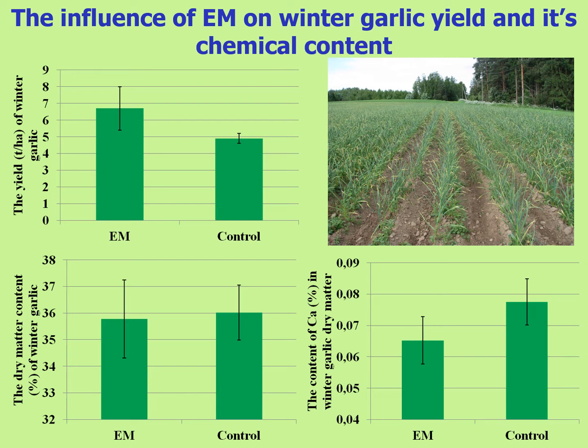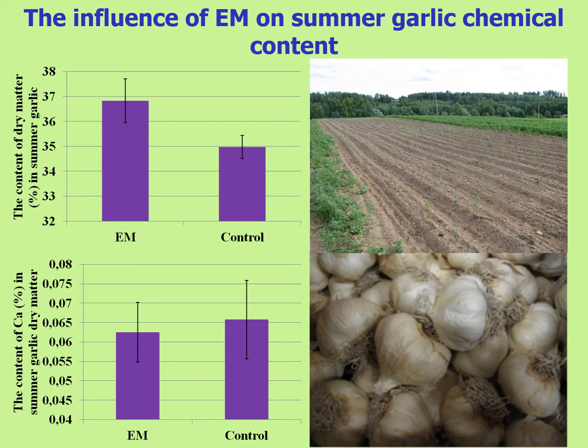The yield of winter garlic was higher in EM treatment, while dry matter and calcium contents were not statistically different. Results. The influence of EM on summer garlic chemical content.